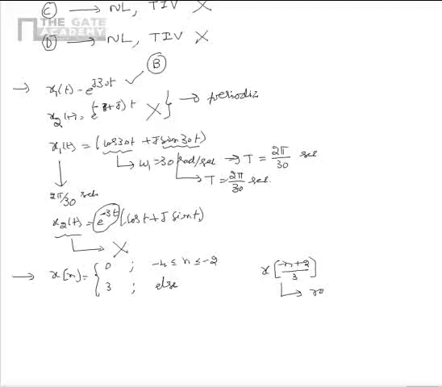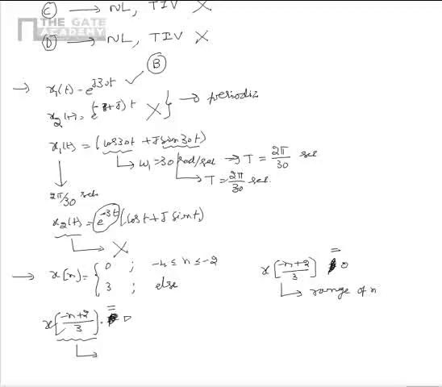We have to find the range of n for which x of (minus n plus 2) by 3 is not equal to 0. Sorry, we have to find the range of n for which x of (minus n plus 2) by 3 will be 0.